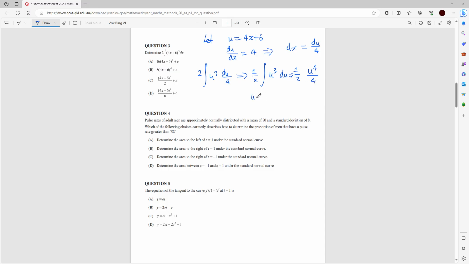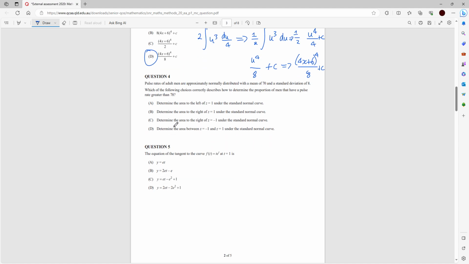So you'll have u to the 4, and then don't forget a plus c as well. U to the 4 on 8, because 2 times 4 will be 8, plus c. And we remember what our u was, so our answer is going to be 4x plus 6 to the 4 on 8 plus c. Okay, so our answer for this one is D.